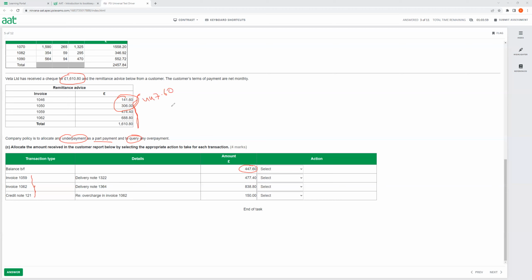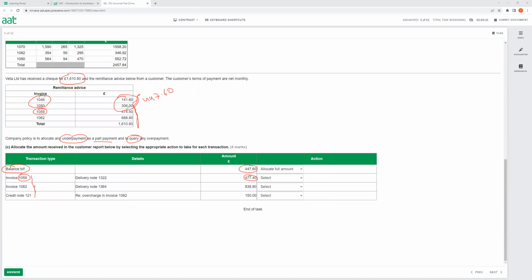That means the first payment he made was for these two invoices, which were due from last month, because that exactly matched the opening balance, balance b/d. So we said this is already paid, so this invoice paid is allocated the full amount.